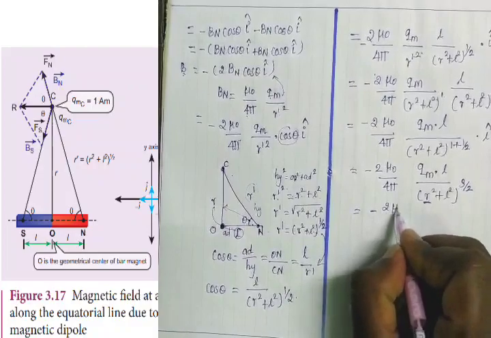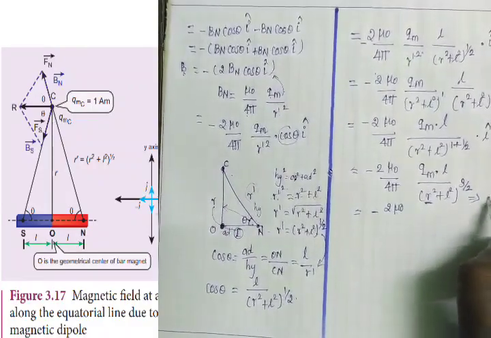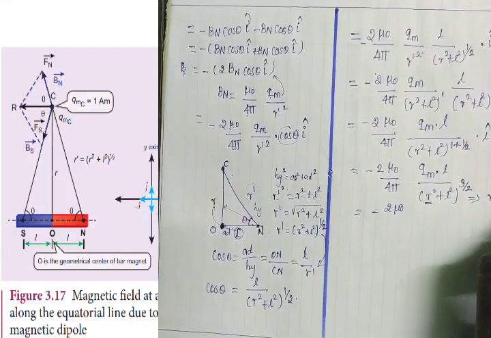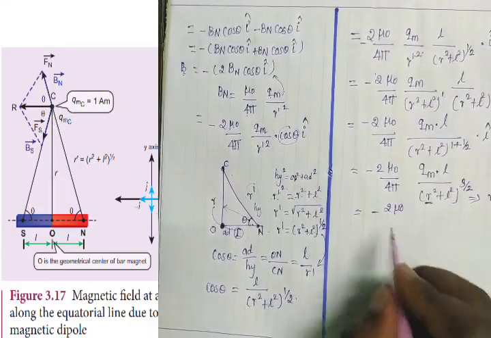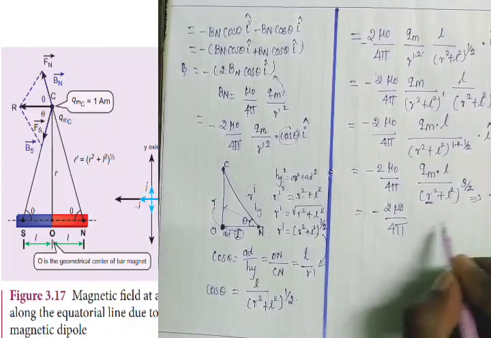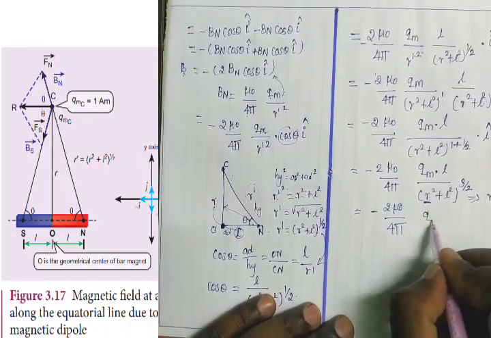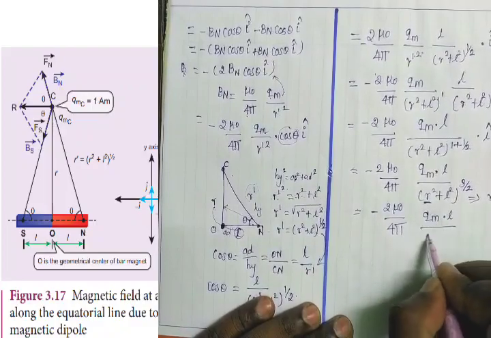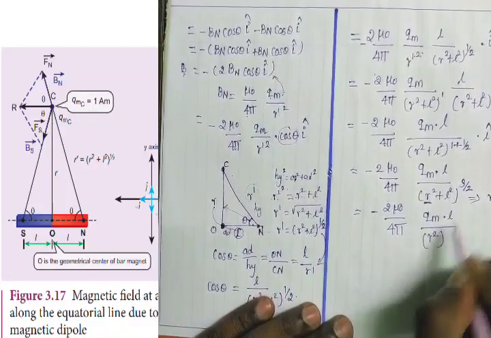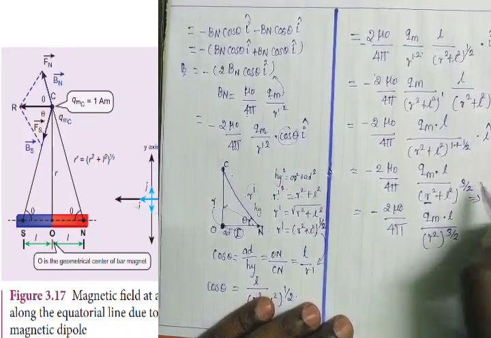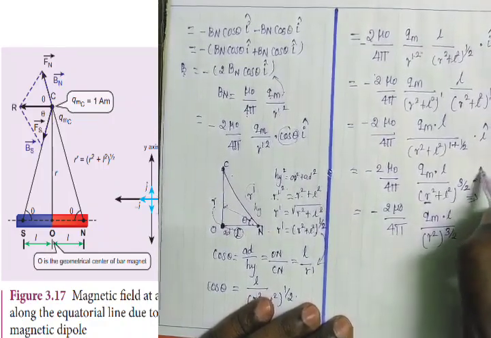The balance is 2 mu naught. That means the R value is very much greater compared with the L value. So 2 mu naught divided by 4 pi, Qm dot L divided by R squared. L value is very small, so the balance power is 3 by 2 and the unit vector i cap.